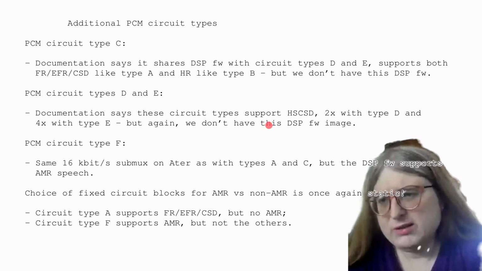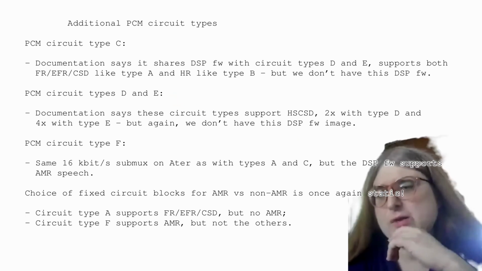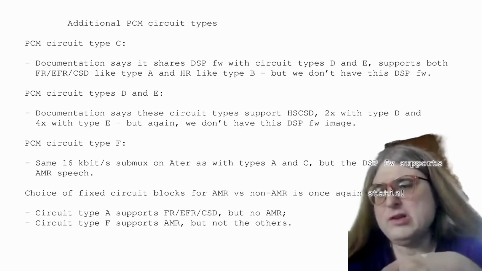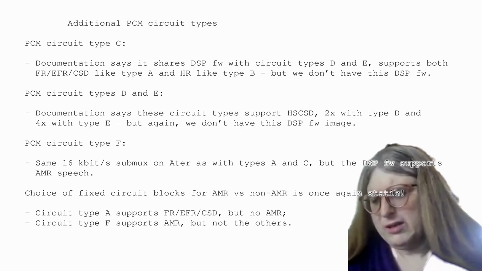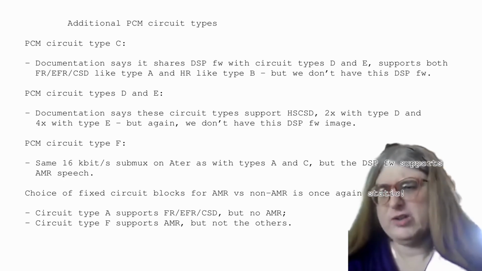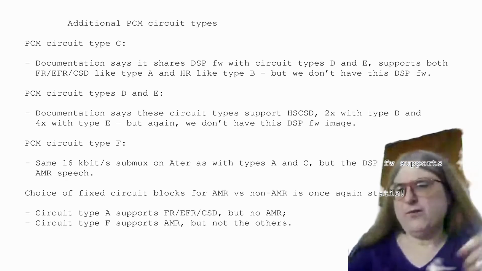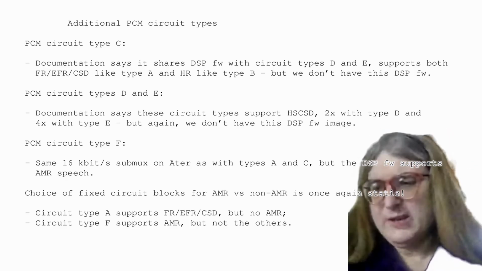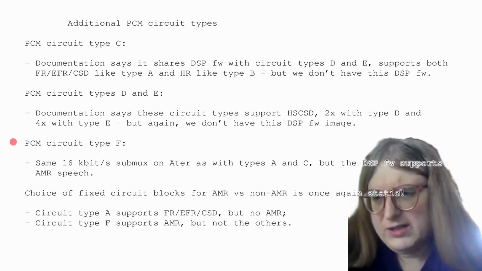Or if you do a circuit type E, then you no longer have any capacity saved at all. You have basically 64K channels on 8TER to do 4x HSCSD. So again, I don't have the firmware, so all this is guesswork.